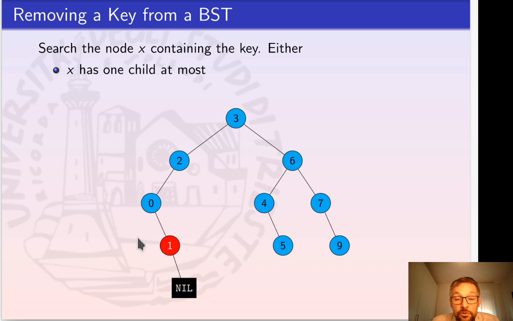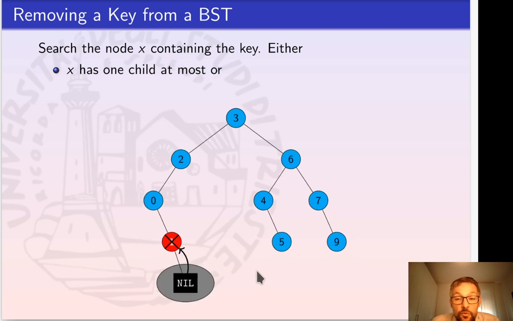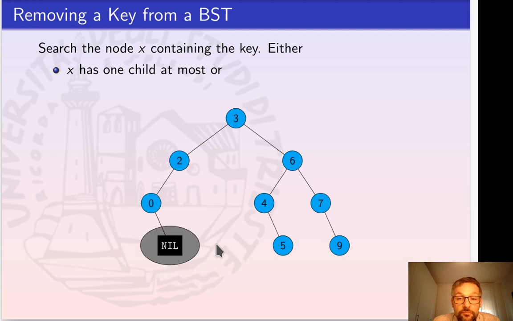We simply have to replace this node by nil in this way, and this is again straightforward. Simply we can again apply the set child procedure on this node and this node, and we end up in a situation in which this node is removed. Straightforward.